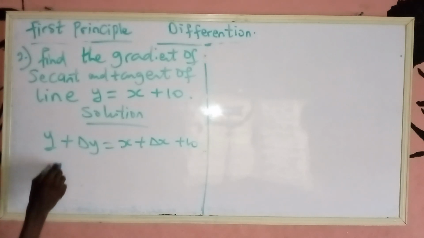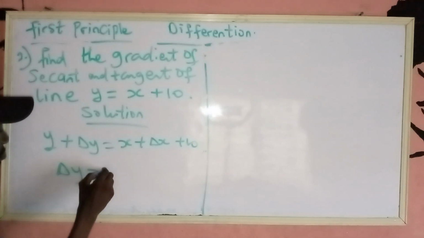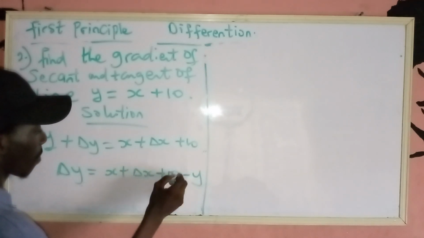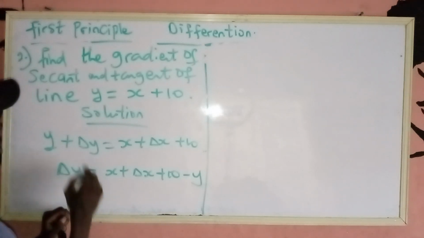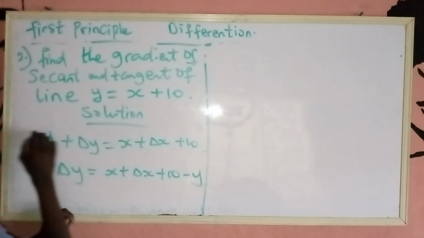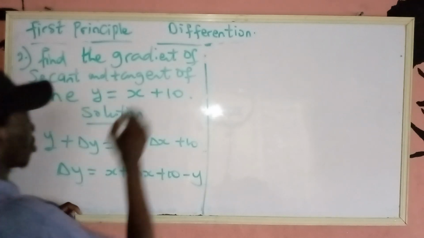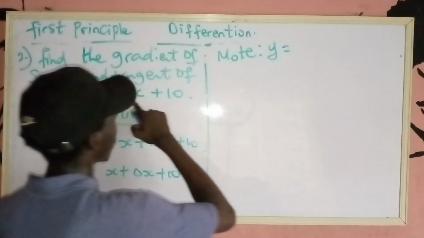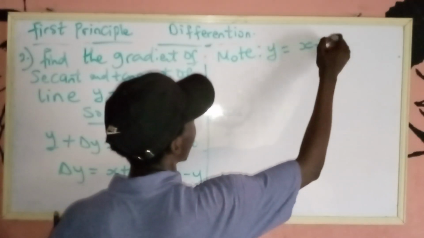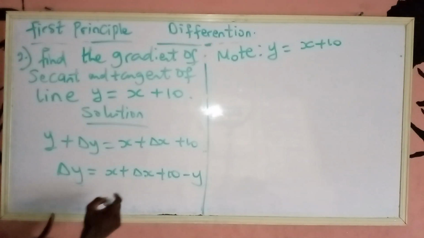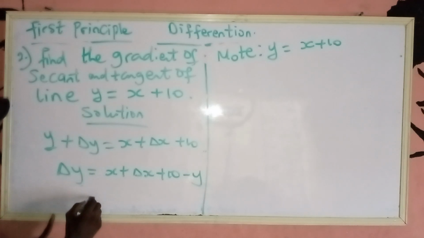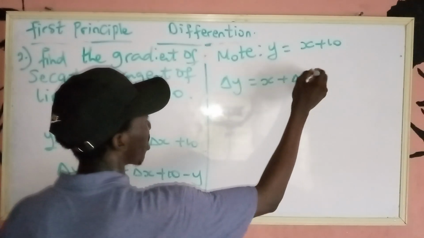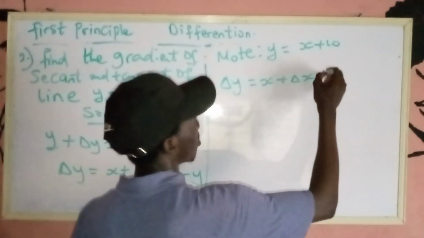Next step is what? You bring the y here, minus y. What's my y in the question? Let me write it here. Note my y is equals to x plus 10. So let me continue my writing here. I have x plus change in x plus 10.